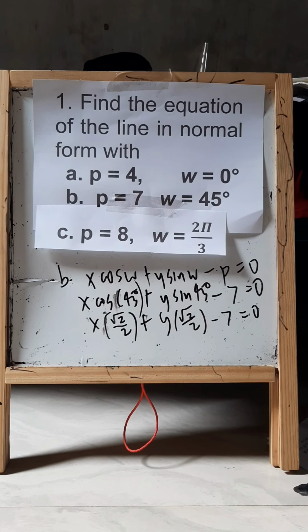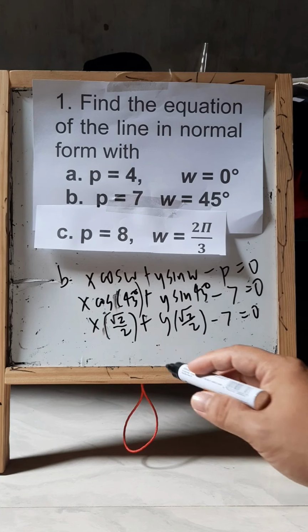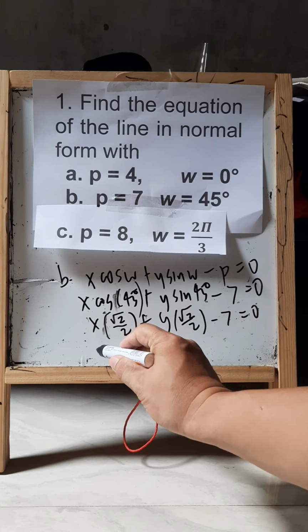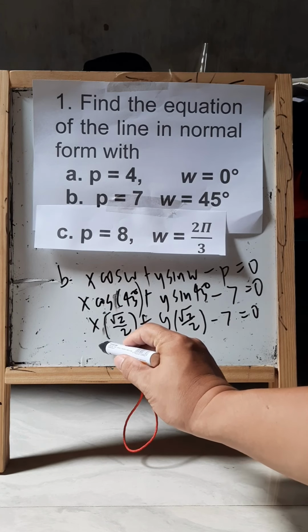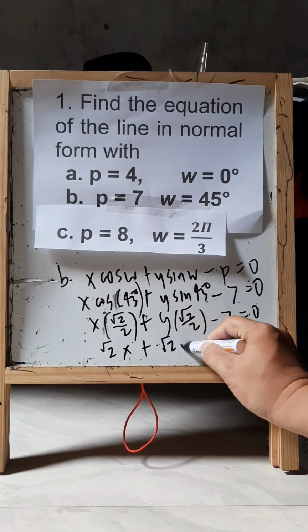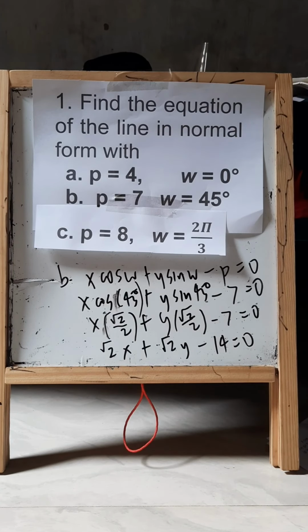To simplify the equation, we're going to multiply the equation by 2. So this will become square root of 2 x plus square root of 2 y minus 14 is equal to 0. So we can now accept this as the answer.